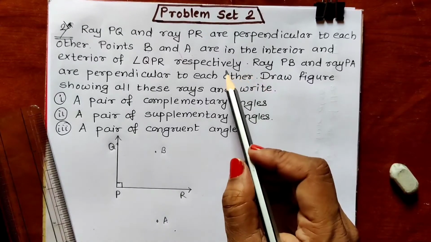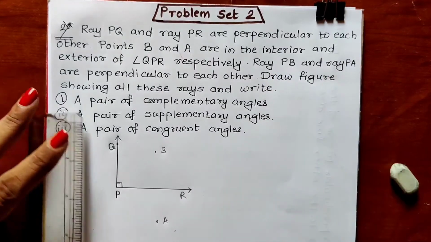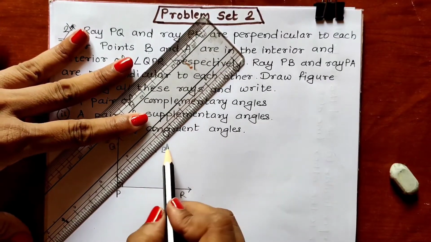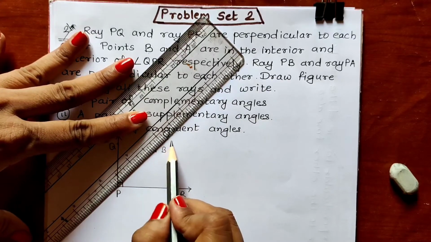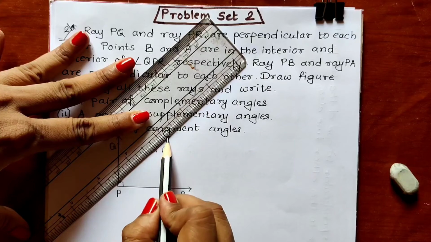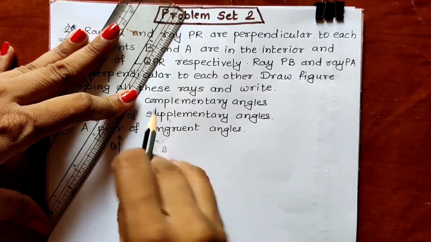And what will we have to draw? Ray PB and ray PA. We have to draw ray PB in this way. Draw carefully.